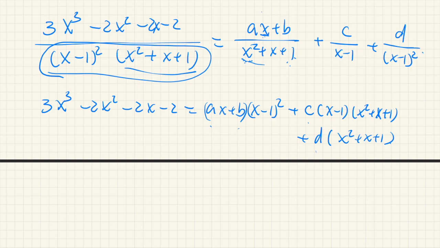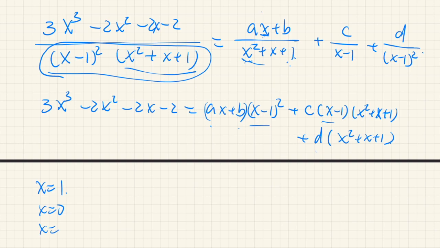For example, if we put x equal to 1, then this and this will be gone, and you have an equation. You can determine the value of c from that. If we put x equal to 0, then we have some other equation.